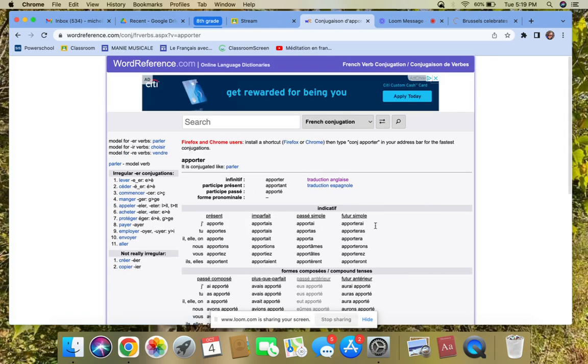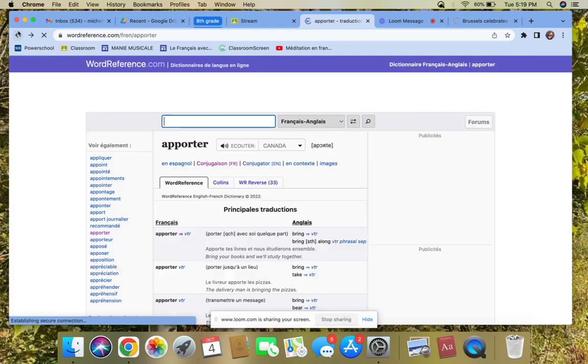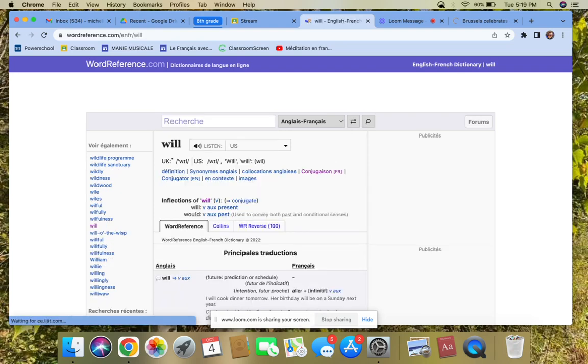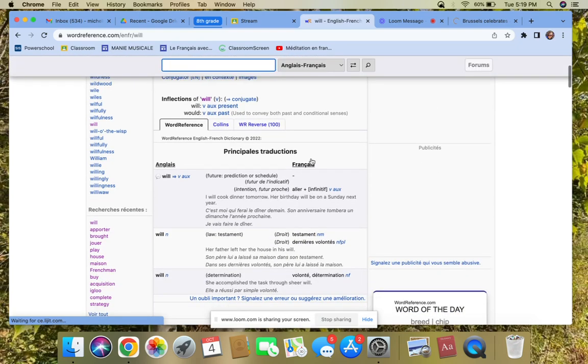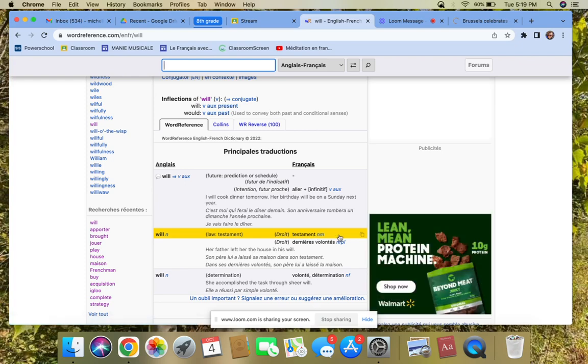If you're trying to say I will bring, sometimes what students will do is they will look up the word will. Okay, so if I go to English to French, toggling with that, I might type in will, and I might look, I don't really see anything there. If I'm kind of not paying attention, I might look here and go, oh, testament, that's got to be it.